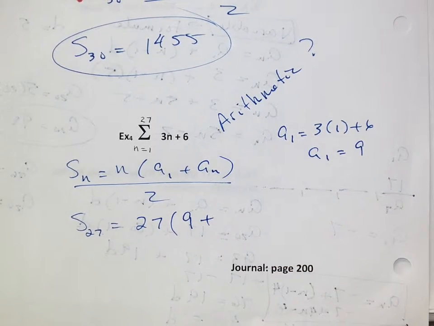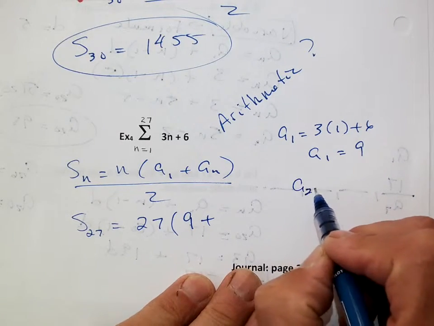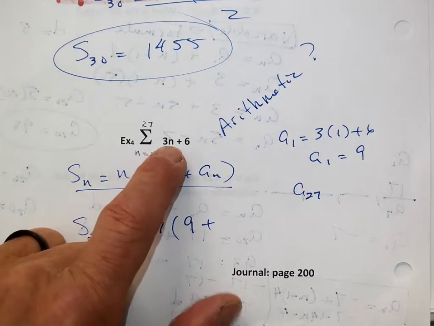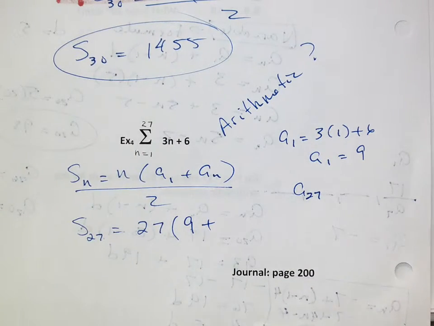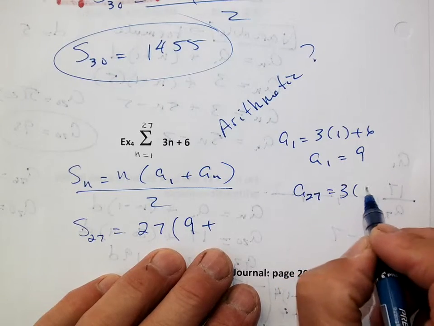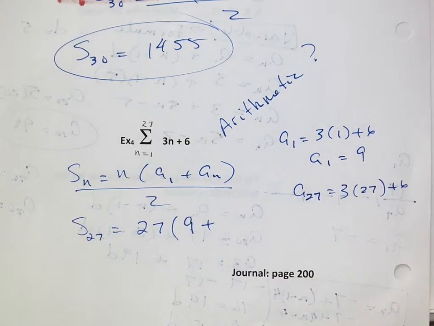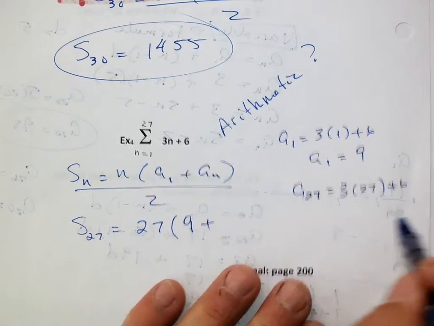Plus A of N, or A of 27. Well, that's easy to make. So I'm going to make A of 27 by just plugging it in. I can plug 27 into the formula, and we'll get the 27th term, okay? It equals 3 times 27 plus 6, right? So it's 3 times 27 plus 6. I get 87.